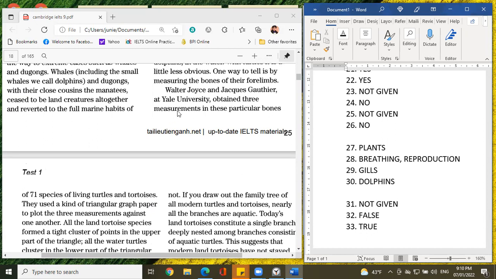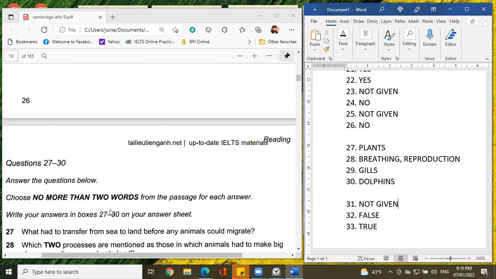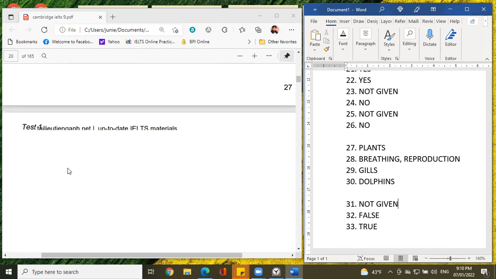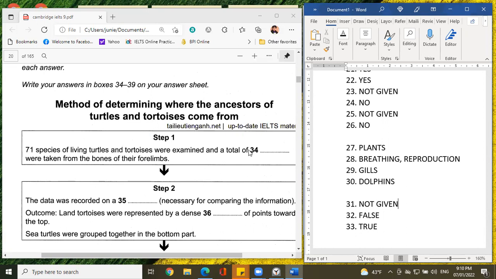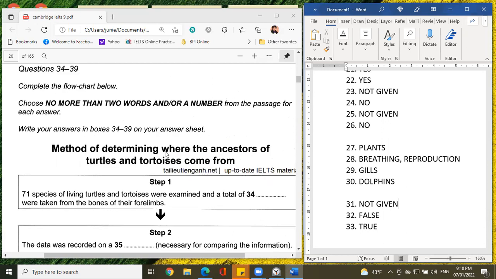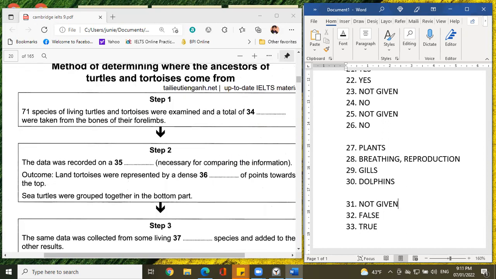Obtain 3 measurements in these particular bones. And a total of 3 measurements were taken from the bones of their forelimbs. So, no more than 2 words. So 3 measurements.